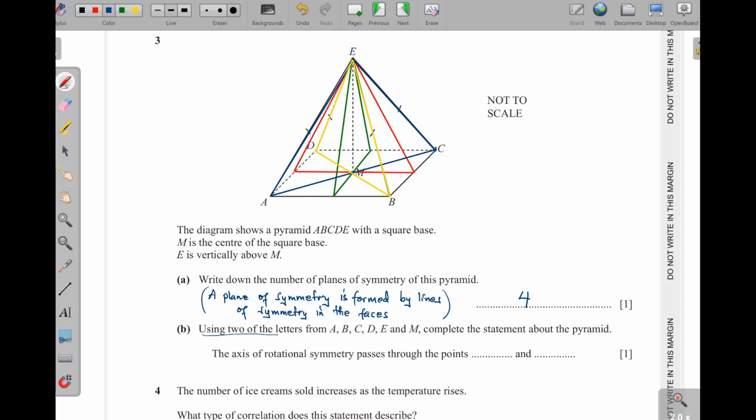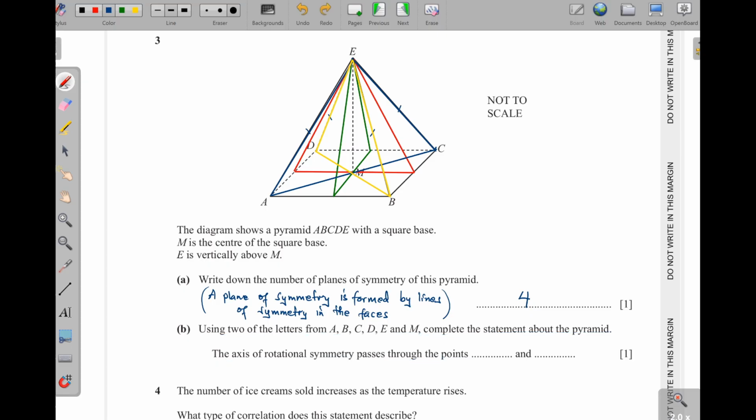And then B, using 2 of the letters A, B, C, D, E, and M, complete the statement about the pyramid. The axis of rotational symmetry passes through the points. The axis of rotational symmetry. Of course, this one has to pass through E and M. Okay.